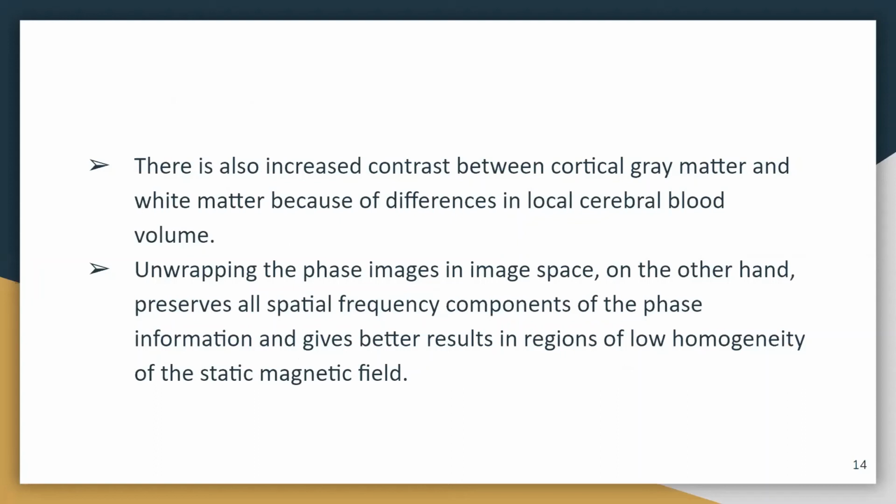Unwrapping the phase images in image space, on the other hand, preserves all spatial frequency components of the phase information and gives better results in regions of low homogeneity of the static magnetic field.